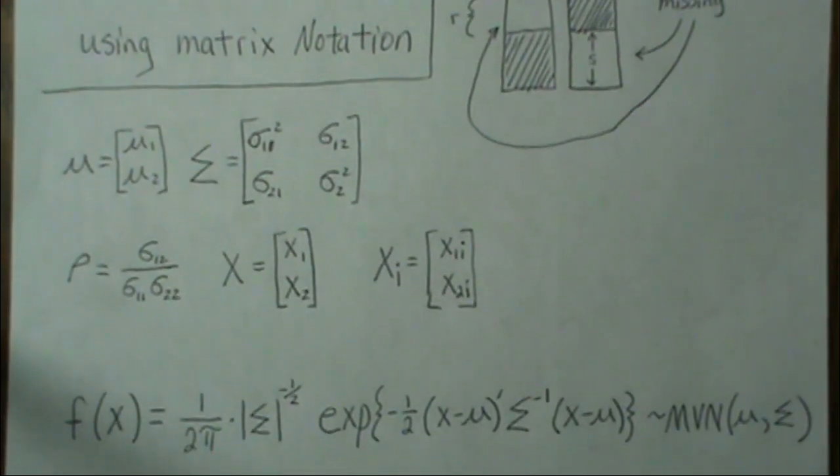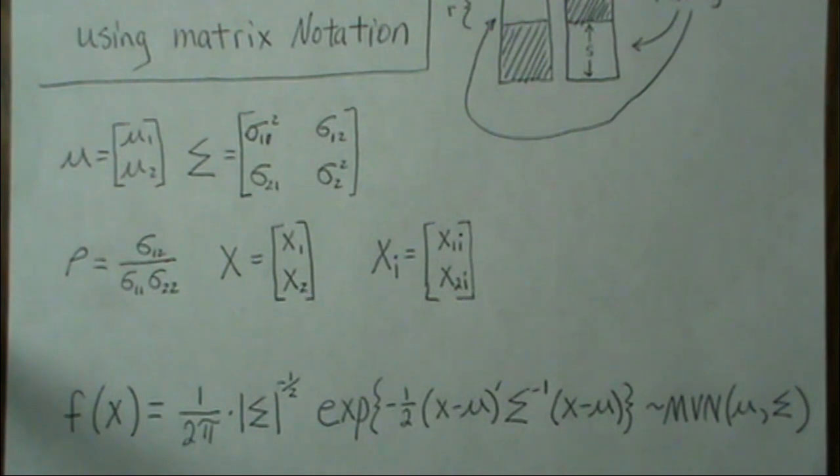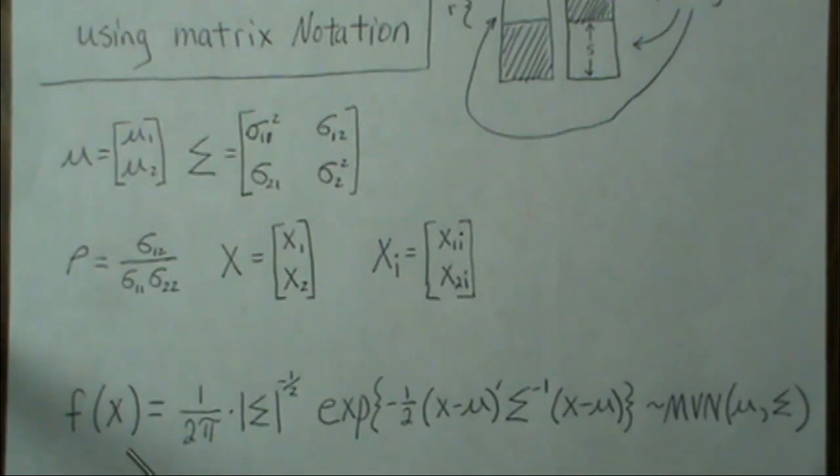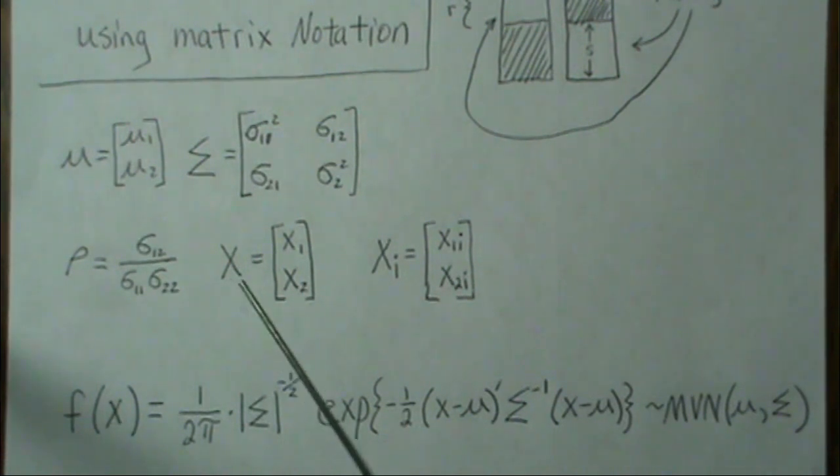In matrix notation, f of x, which is this vector here, is bivariate normal, and that's set up like this: 1 over 2 pi, times the determinant of the covariance matrix raised to the 1/2.